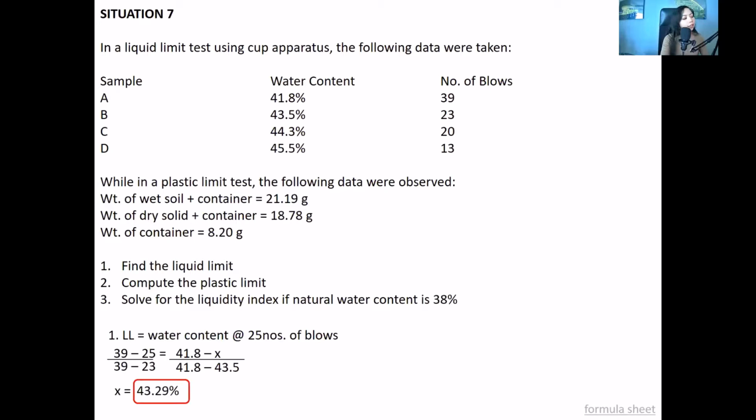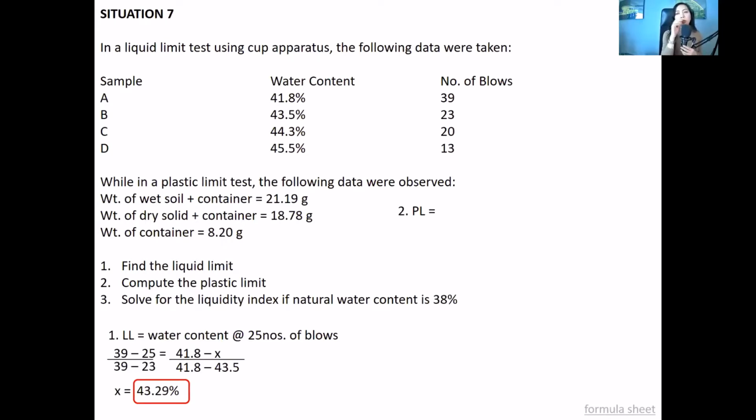Okay? Next unknown. Number 2, compute the plastic limit. Hindi ako nakapagbigay ng photo dito. Okay, for plastic limit, ang test naman sa kanya is in terms of rolling. Ganyan. Na kukuha ka ng soil sample, again, iba-iba siya ng moisture content.